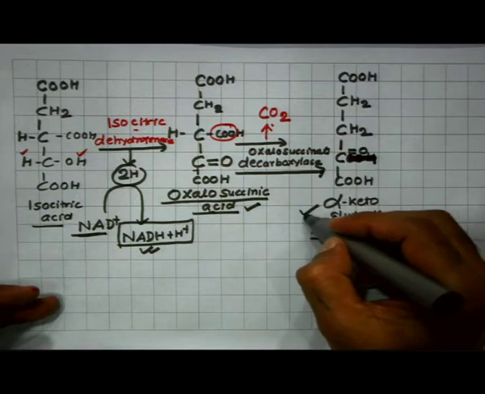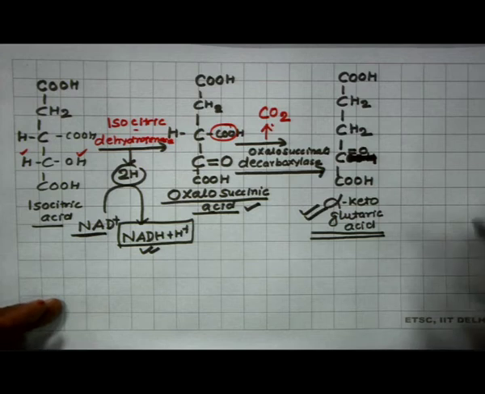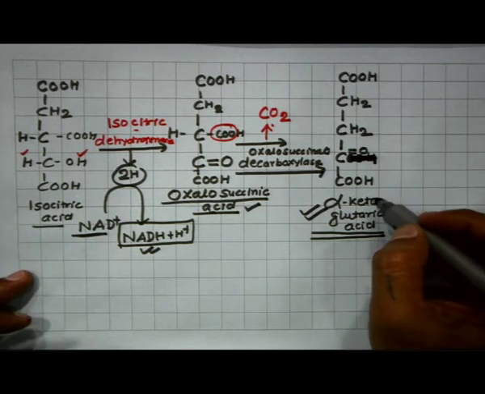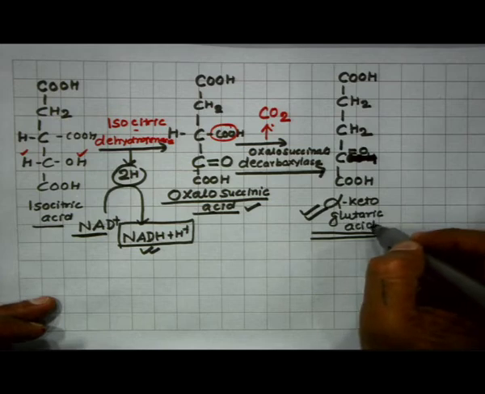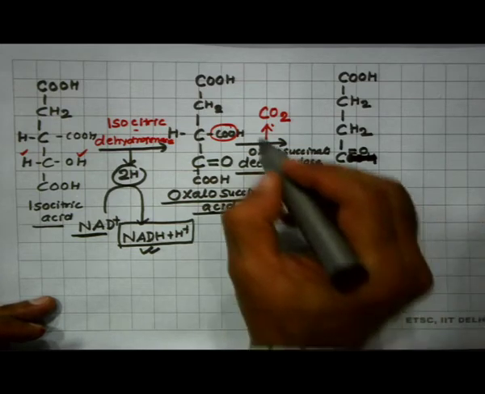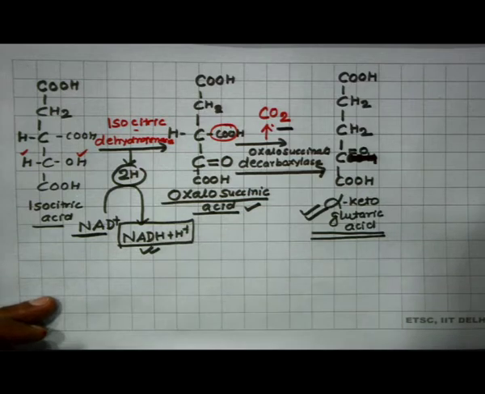These are very important molecules, as you can see in amide synthesis. Alpha ketoglutaric acid is formed after the removal of carbon dioxide from the oxalosuccinic acid.